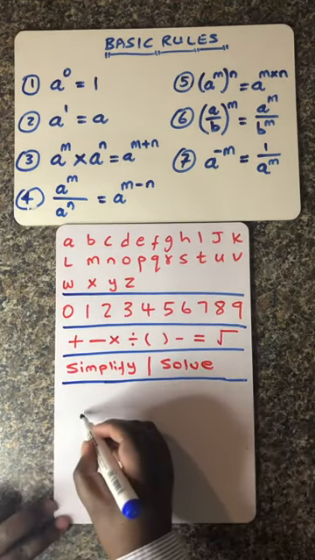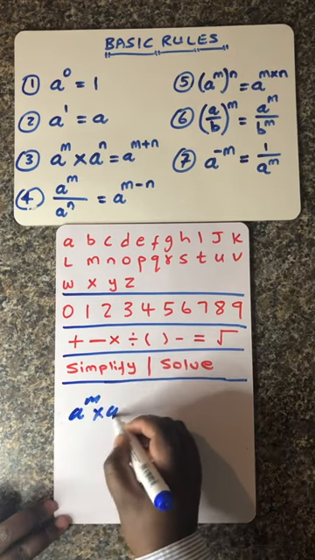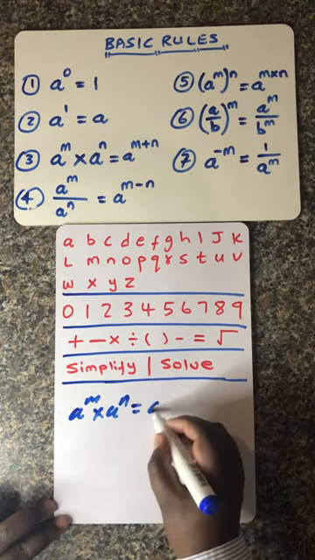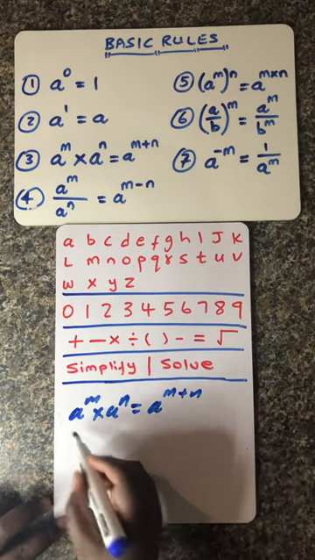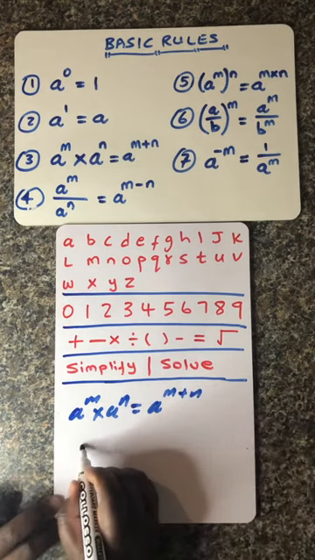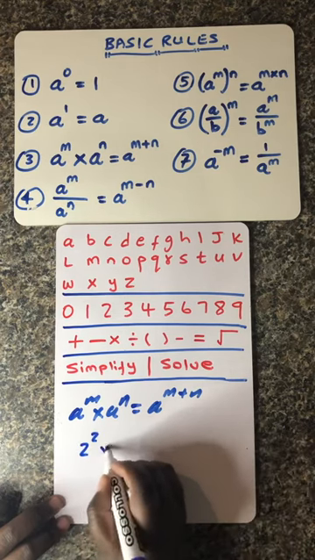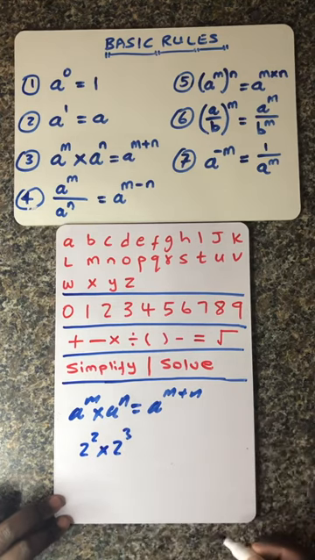So rule number 3, you've got a to the power m multiplied by a to the power n. They say it's equal to a to the power m plus n. Okay, so let's maybe make use of numbers. So guys, it's more like they are saying 2 to the power, for example, 2 multiplied by 2 to the power, let's say 3.